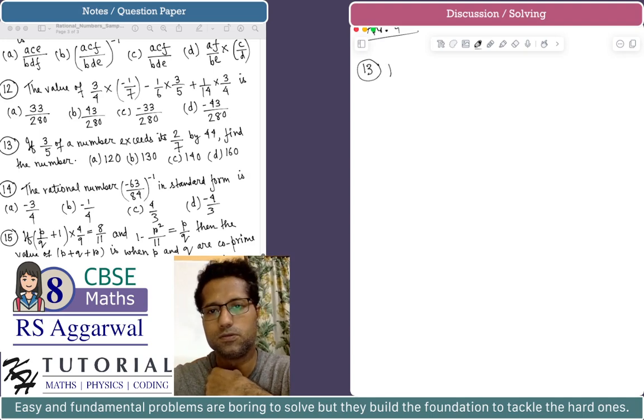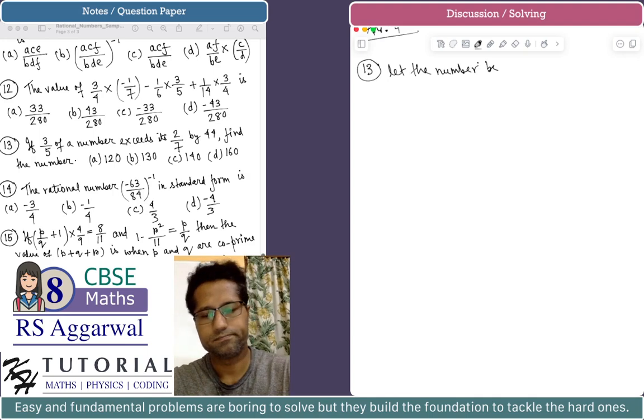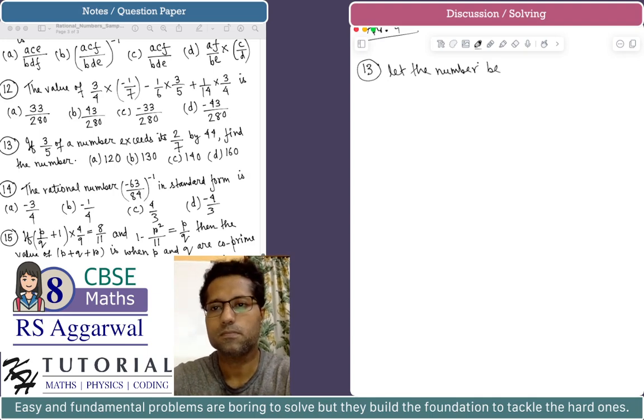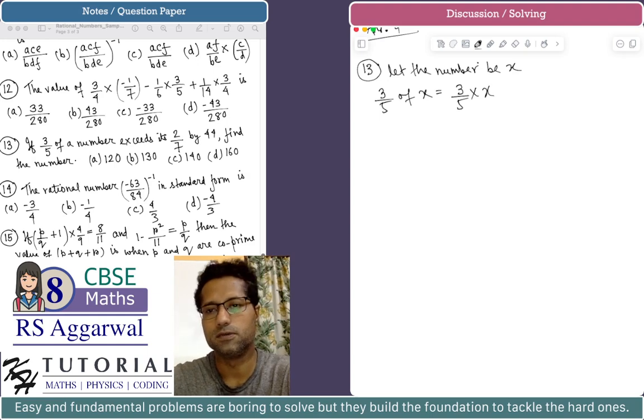Okay, so let the number be x. So it is given that 3/5 of a number, 3 by 5th of x, is nothing but 3 by 5 multiplied by x. Of means multiplication. So this is 3x by 5.